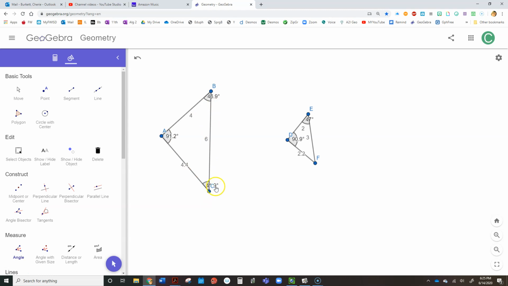Oh goodness, I can't see it. I'm going to turn off C. It's not what I meant to do. I'm going to not show the label. There we go. That's 41.9. Let's measure this one.